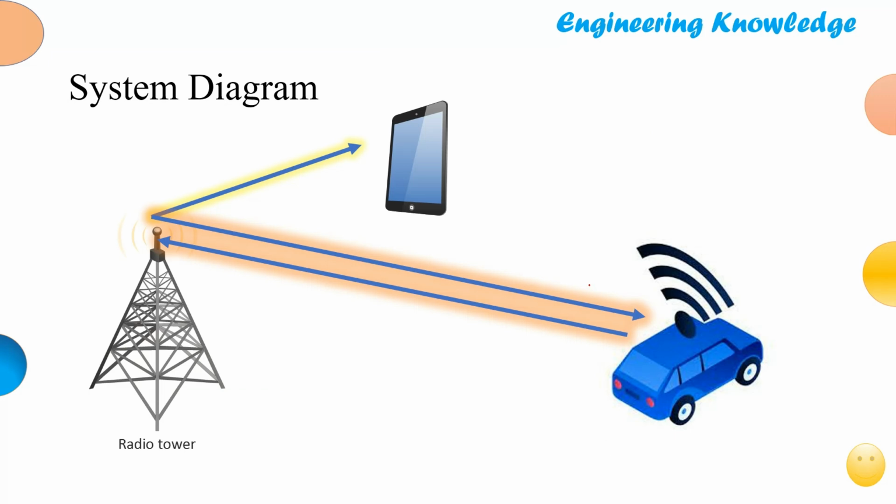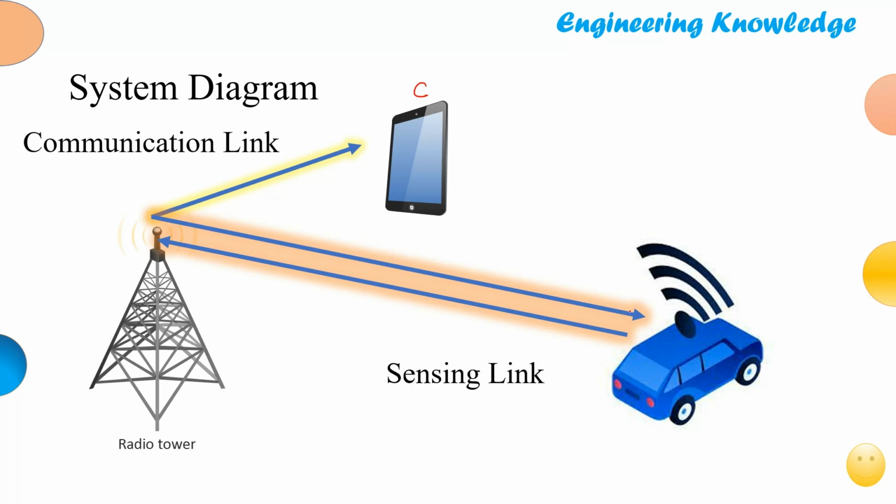I've also made another block diagram to represent the same. In this case, there is a radio tower that needs to communicate to a mobile device, but at the same time, it is also fetching the information of a target, a moving target, so to say. So my communication device is this, communication is this over the communication link, and you can see that the target, which is here, is used for the sensing link.